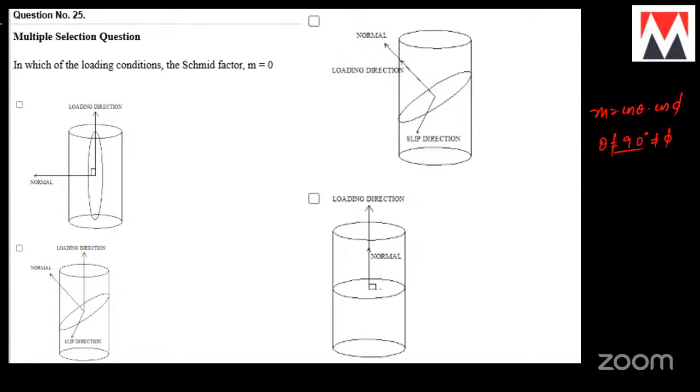So this is A, this is B, this is C, this is D. Please write accordingly. Please answer in the chat.